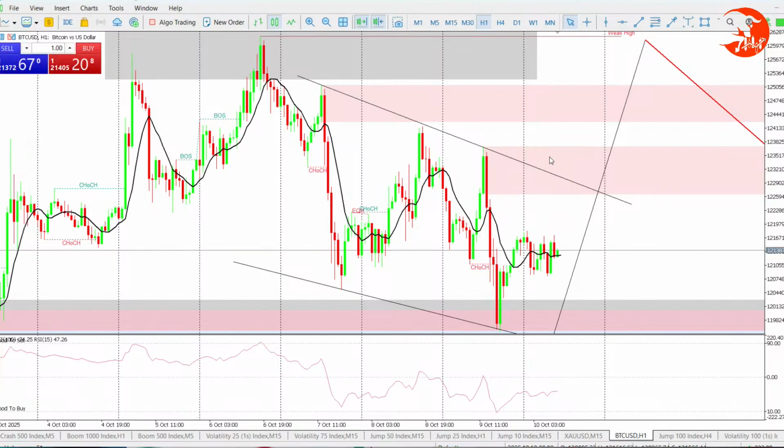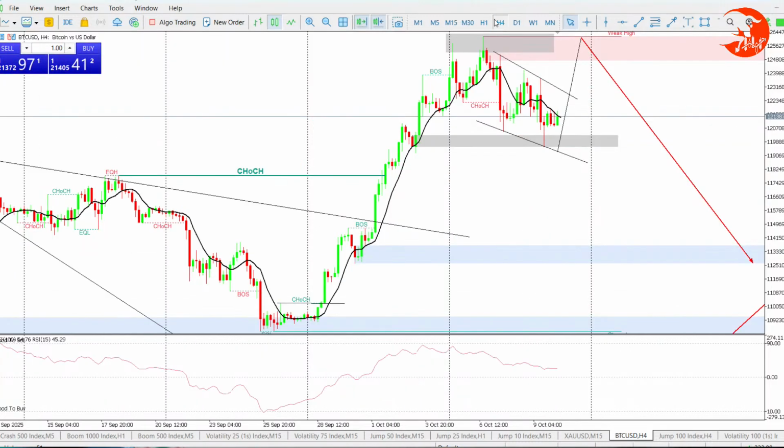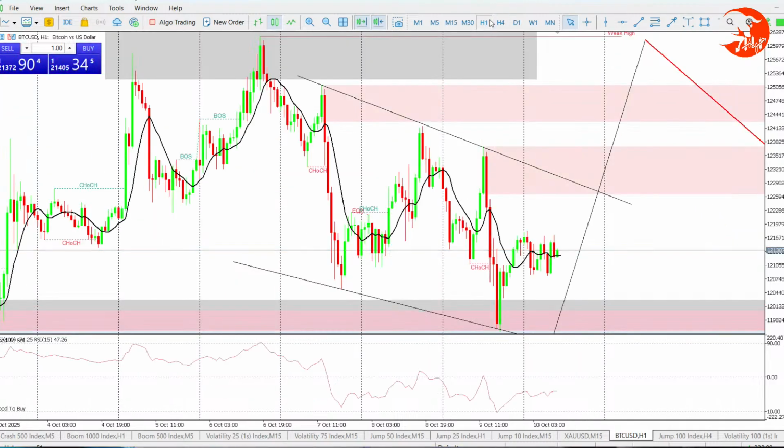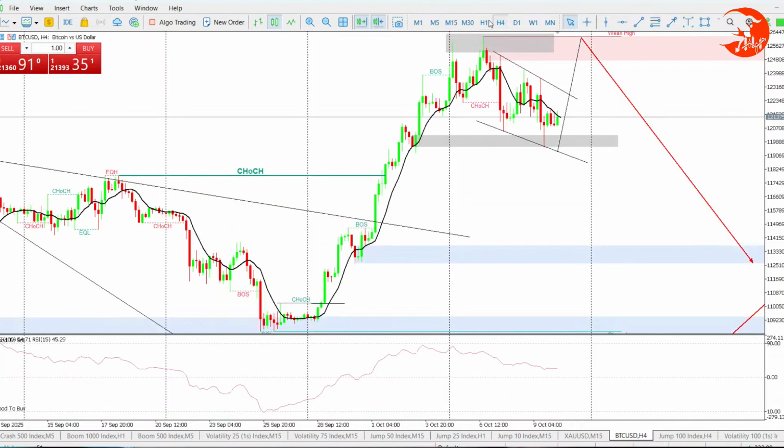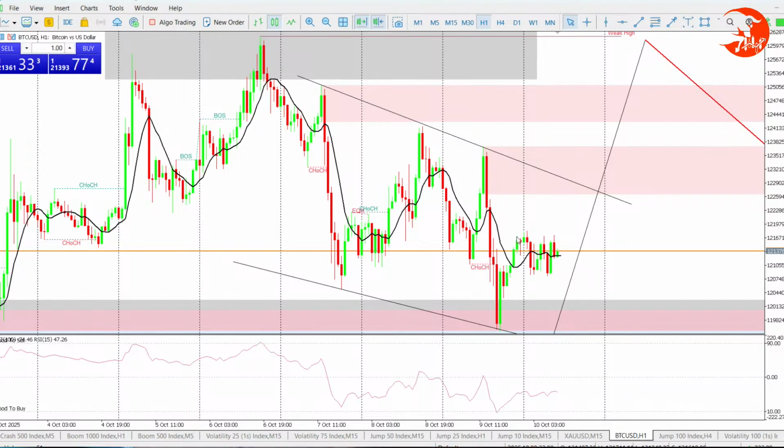All right, so looking at H1, I believe we are looking for buys. Let me go and confirm on M15. Yes, M15 says buys, so we should be looking for buys, but there's that level which is quite hard for the breakout. It's a resistance area according to a lower time frame, so price is being held up right there.